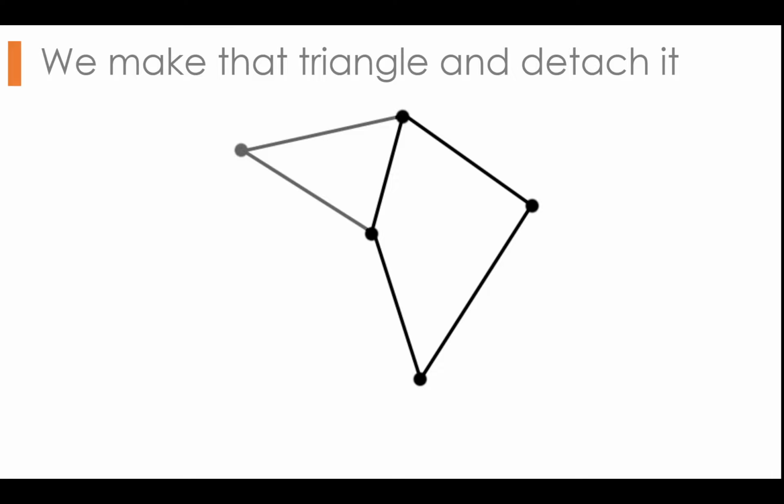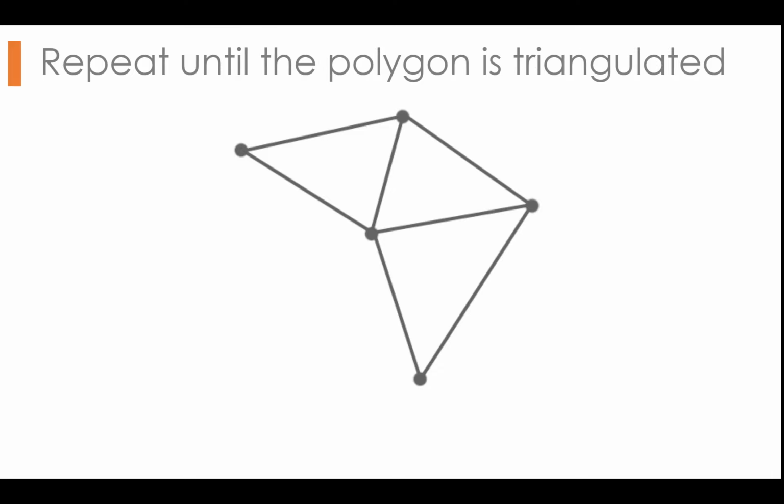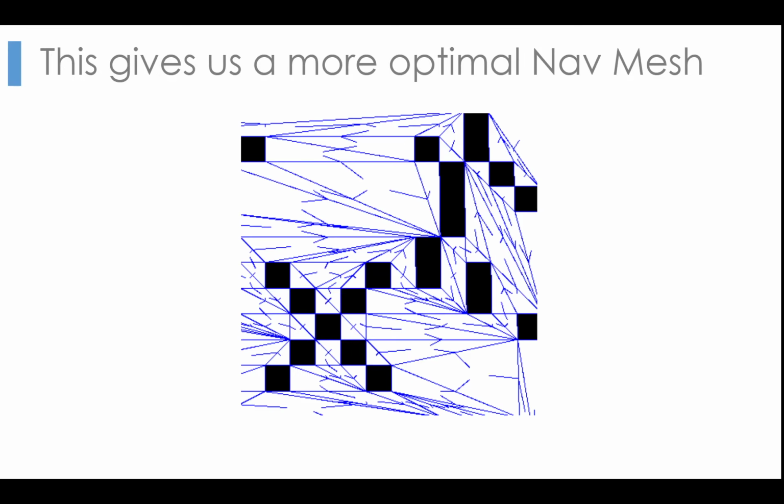Rinse and repeating this over and over on polygons, we could simplify them into a nav mesh that used fewer vertices. And repeating this upon polygons that we had on the nav mesh, we could make a much more optimal nav mesh. More complicated from a human perspective, but using fewer triangles, so simpler from a machine perspective.